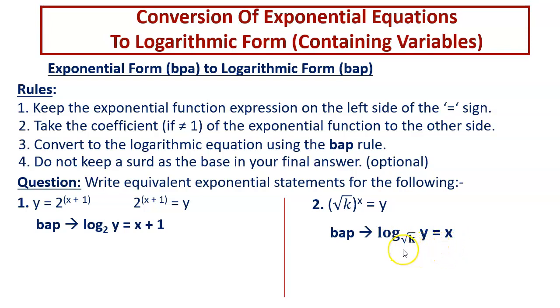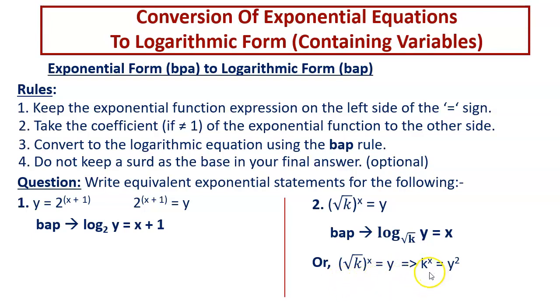And in case you want to apply rule number 4, you just want to get rid of the square root in the base, you can do it by rewriting the original given exponential equation in this form. You take the square of both the sides.